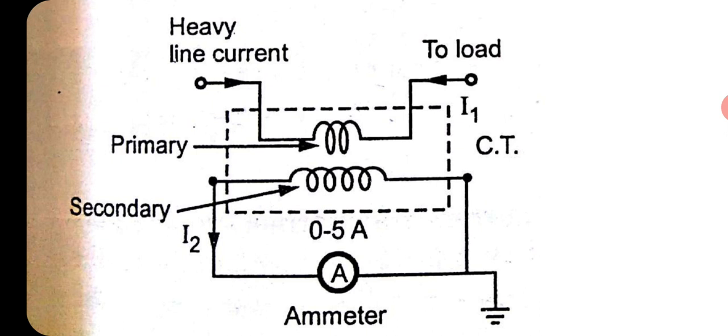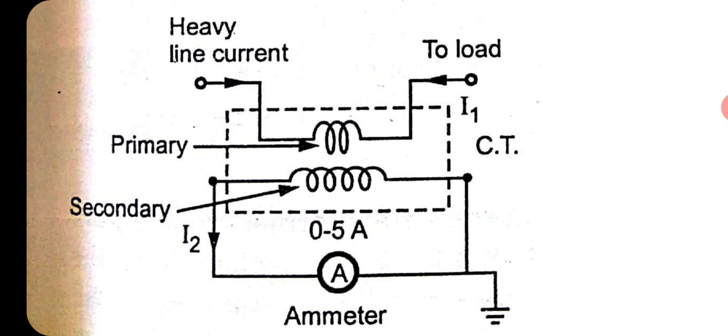Whatever the current may be in the primary, the secondary current should not be more than 5 amperes. If it is more, it cannot measure it, as it exceeds its range. So from primary to secondary, the current is stepped down in such a way that it stays well within this 0 to 5 amperes range.